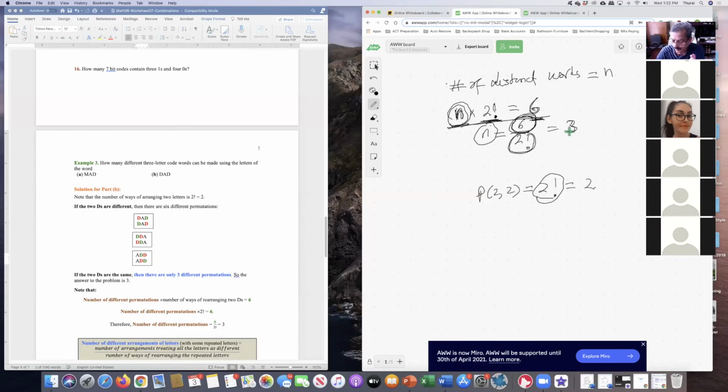That's the point I'm trying to make. So what do we do to figure out the count of distinct words? You first figure out the count of the words, assuming the 2 matching letters are actually different. That's how you get that number first. And then you divide by the number of ways of rearranging those 2 matching letters. The 6 over 2 will give you the 3, the correct number.